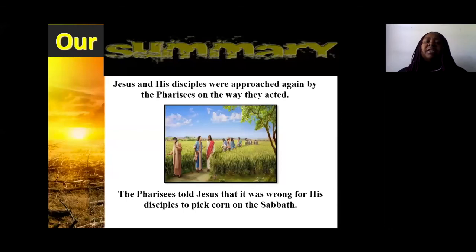And as far as the Pharisees were concerned, if they were picking the corn, then they were actually doing work on the Sabbath. But now we're going to find out later on in the story that it didn't really have anything to do with work. It was because of another reason. So let's see if we can unfold what that next reason is.